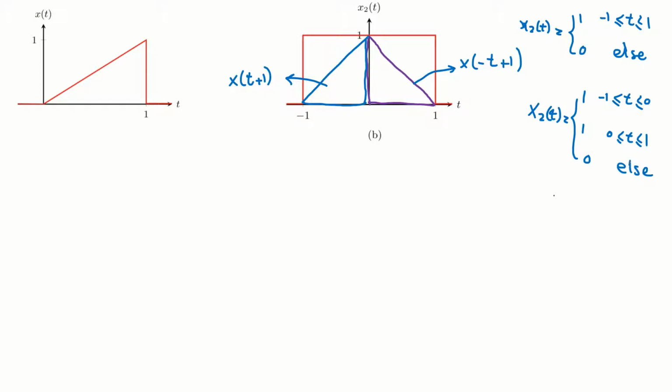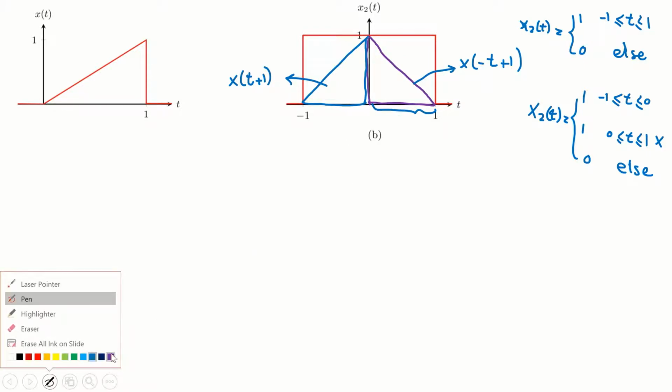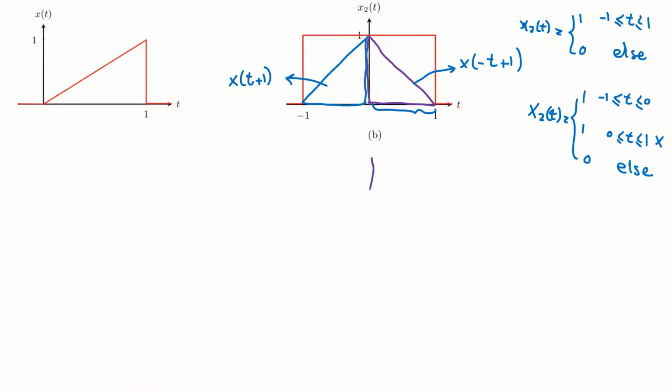Okay, so let's focus on this part first, here. Well, I have the signal, and we know it is x of minus t plus 1. I need something to add to this signal to make the value of the signal equal to 1 in this interval 0 to 1.